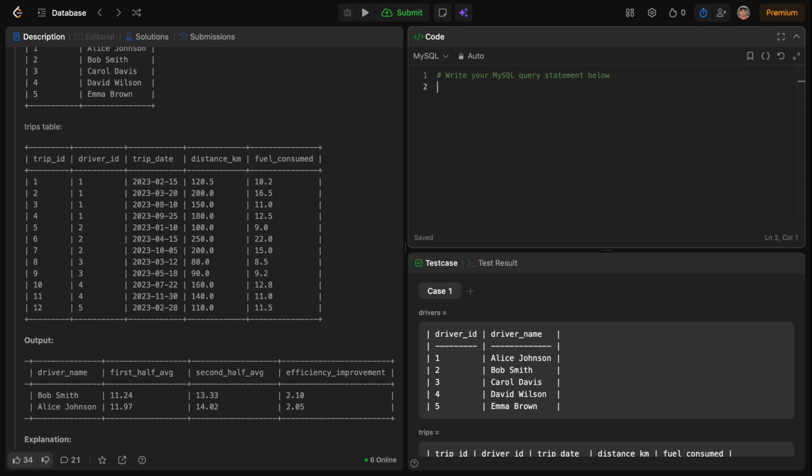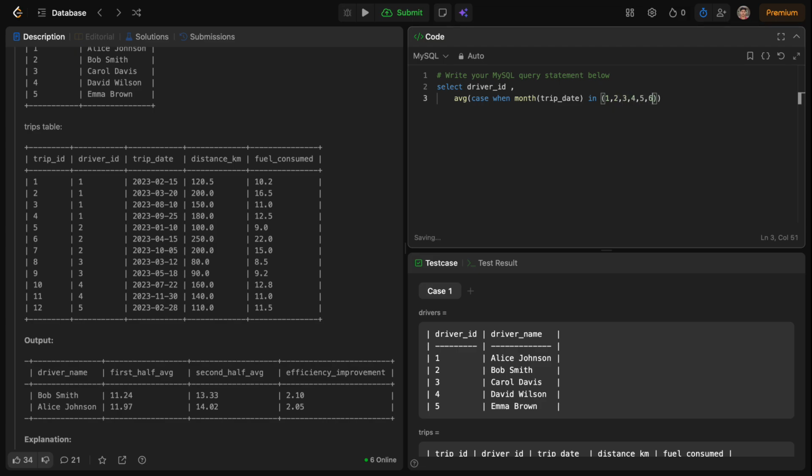So let's go with the query. Select driver ID, comma, then we want the average, so average of case when the trip date month is in 1, 2, 3, 4, 5, 6.